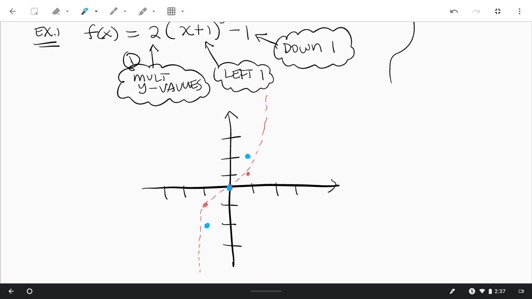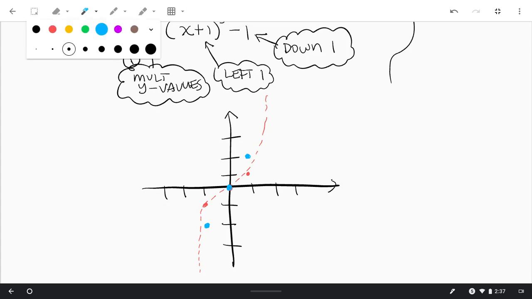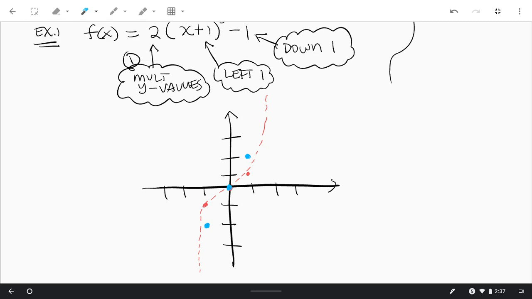And now we're going to take these 3 blue points and we're going to shift them left 1, down 1. And I will do that one in black. Okay, so left 1, down 1. So I'm going to start with this bottom blue point, this one here.